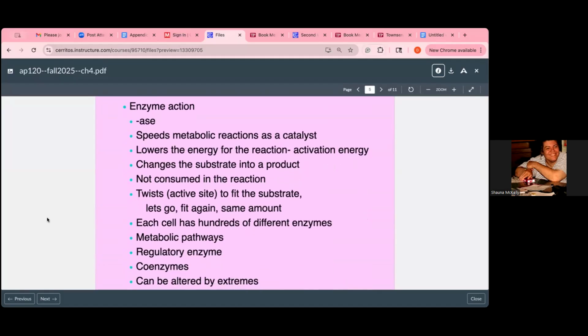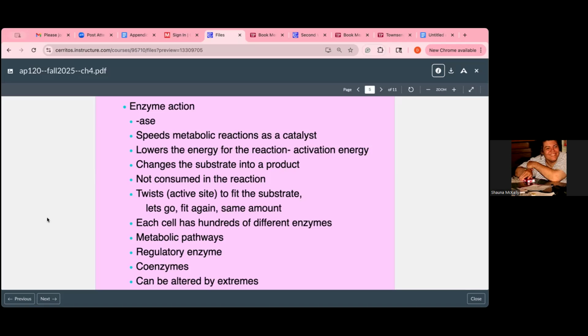Now, enzyme actions are what we're going to talk about next. Remember, enzymes speed up reactions, okay? It lowers the activation energy. It lowers the energy that you need to get started on a reaction of some kind.